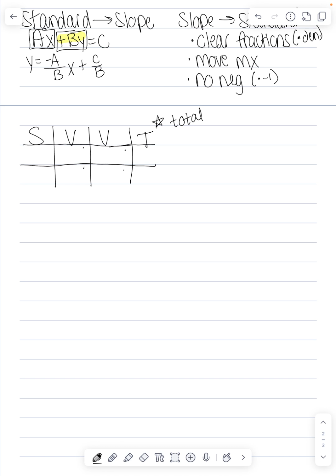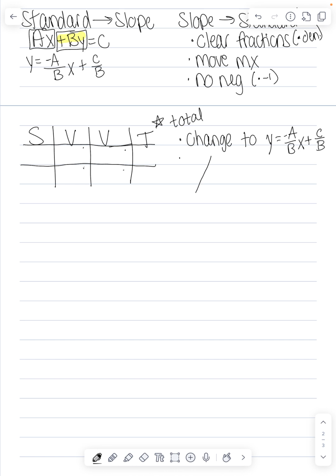If you need to solve your two systems of equations, you need to make sure you change it into slope-intercept form. Again, our real quick way to do that is to use our little cheat code here, and that will be the fastest way to get it into slope-intercept form so you can graph it.